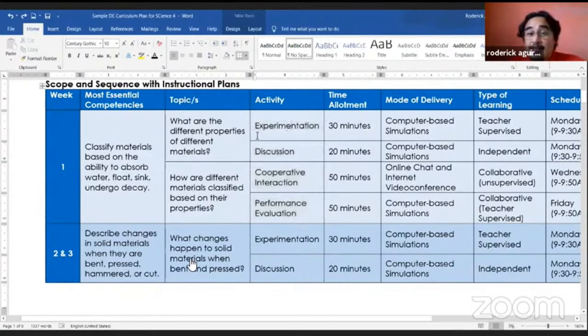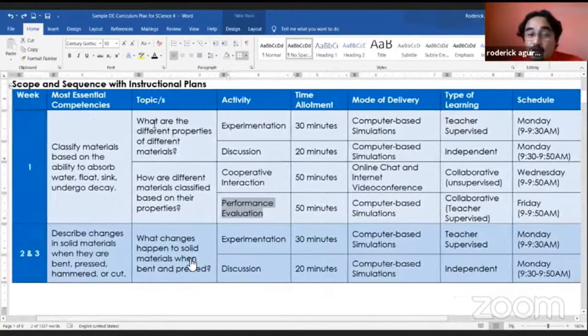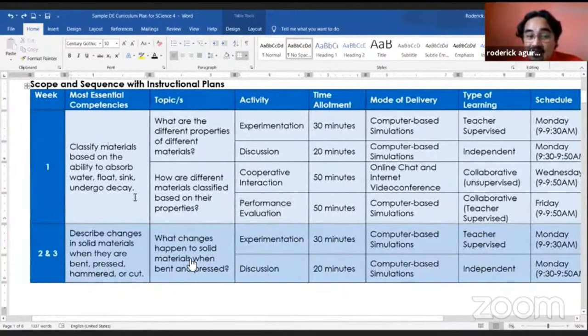So ang inquiry-based approach for science instruction has 4 basic elements: experimentation, discussion, cooperative interaction, and performance evaluation. So ibig sabihin, ang module ko na ito on classifying materials for 1 week has 4 elements or 4 major activities.